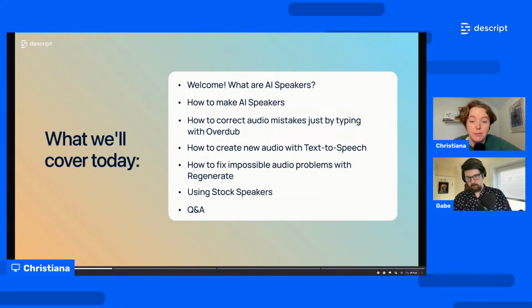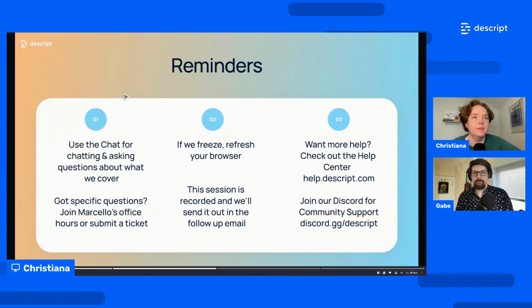So how to make AI speakers, how to basically make an AI clone of your voice, how to correct audio mistakes just by typing with Overdub, creating audio from scratch with text-to-speech, fixing impossible audio problems with Regenerate, using one of our 21 stock speakers. That's right. New and improved. And then, of course, saving time for Q&A at the end.